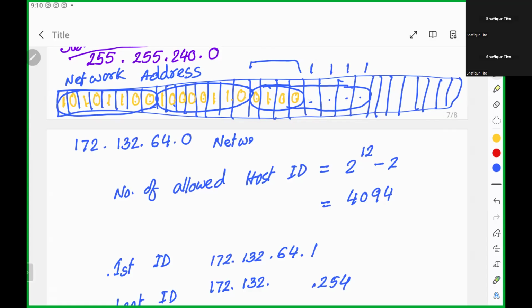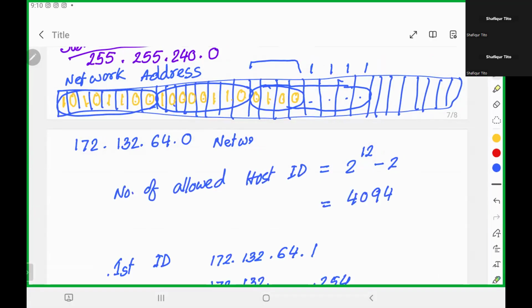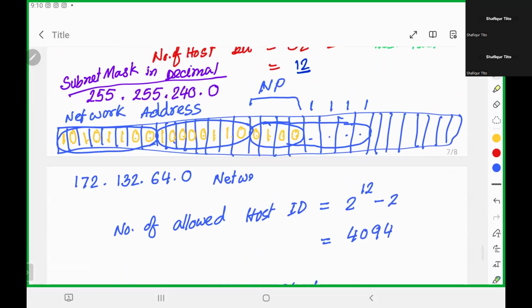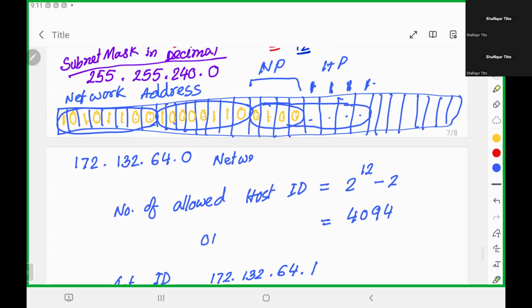I cannot change this 4 bits because this is the network part. This section is the network part, and this section is the host part. This host part I can change by increasing each of the bits, to a maximum of 1111, but this one will remain the same. So in the third octet, I can have a maximum of 0100 1111.